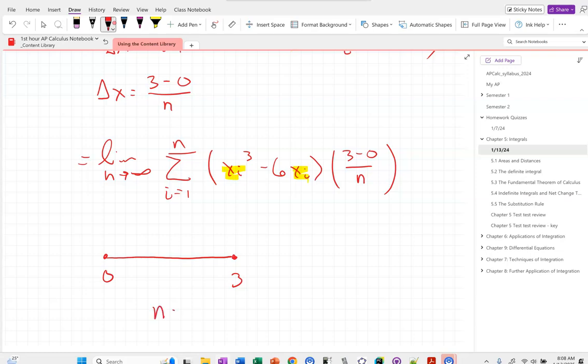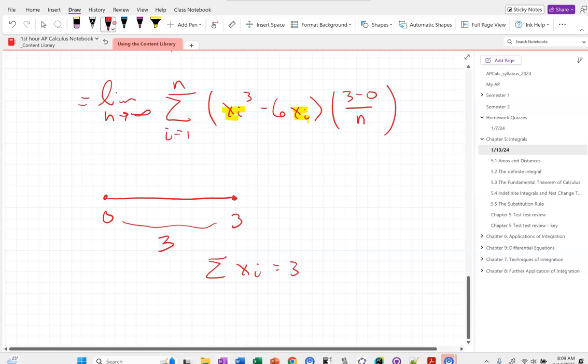If n equals 1, well, this distance needs to be 3 in total, right? So I know the sum of my xi's has to equal 3. Everybody's okay with that?